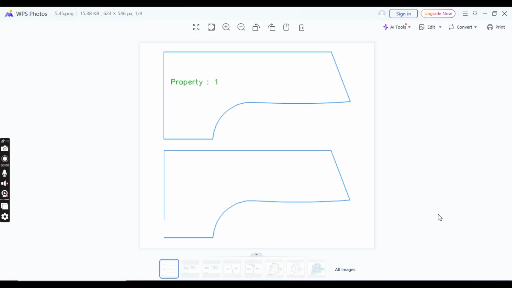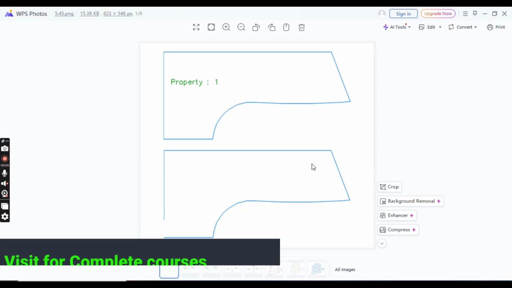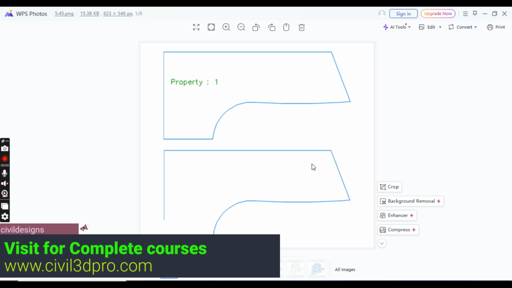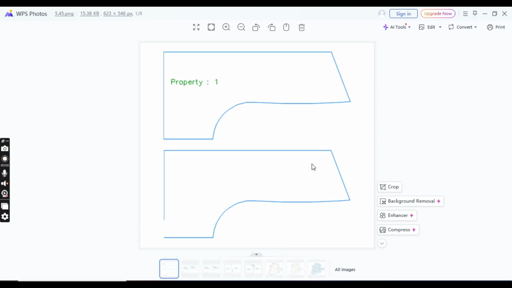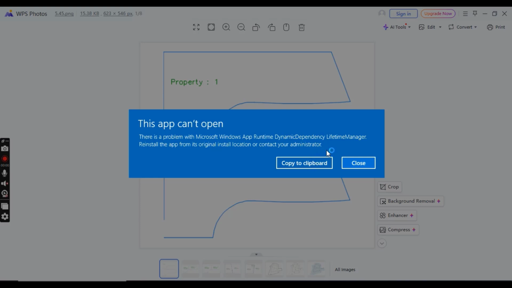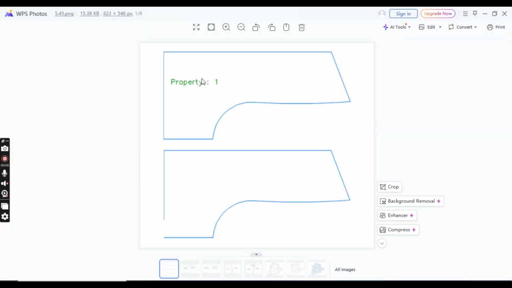Forming parcels from segments. First we will understand segments. Earlier in this course we saw that parcels are created only when parcel segments form a closed area, like property 1. Parcels must always close.